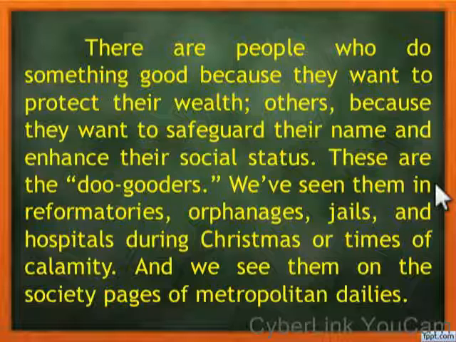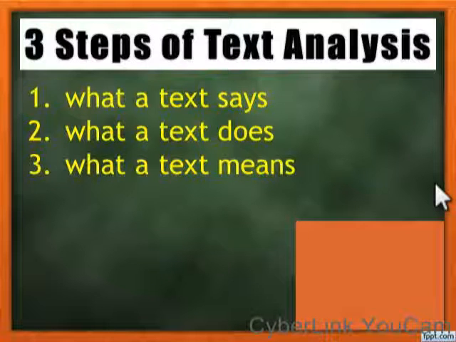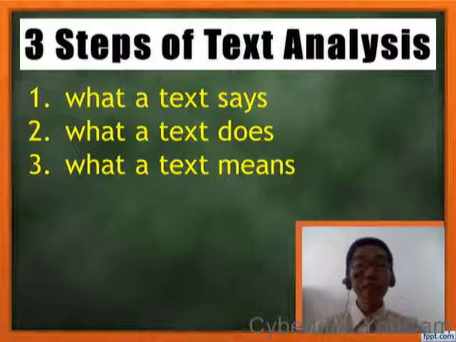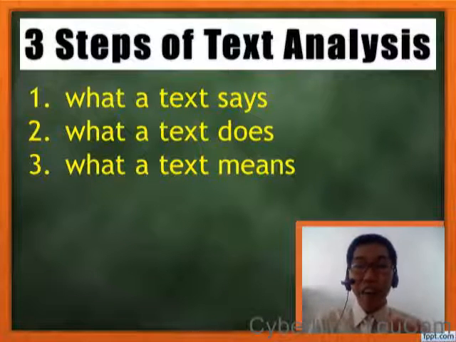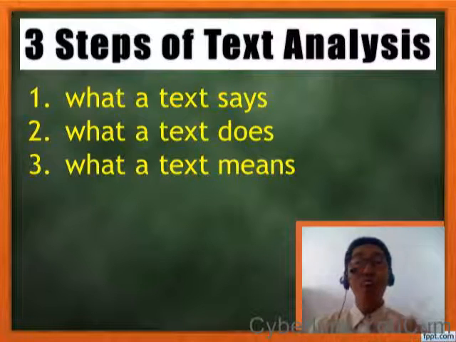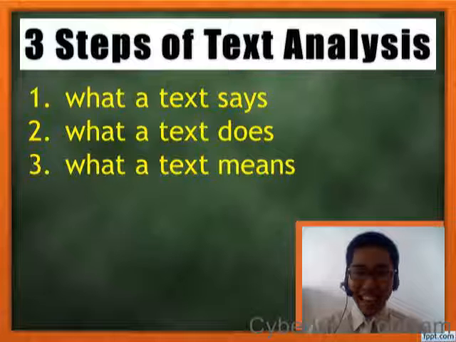Those are just a few questions we have to ask to assess the text. So overall, there are three steps of text analysis. We have to identify what a text says, what a text does, and what a text means.